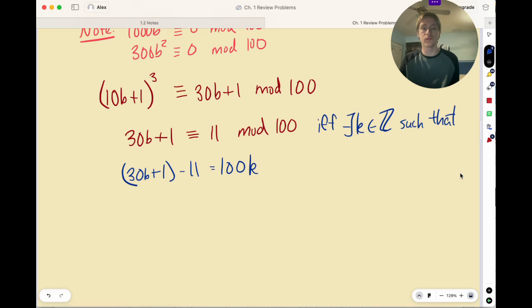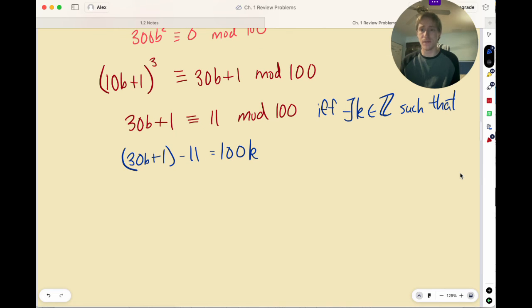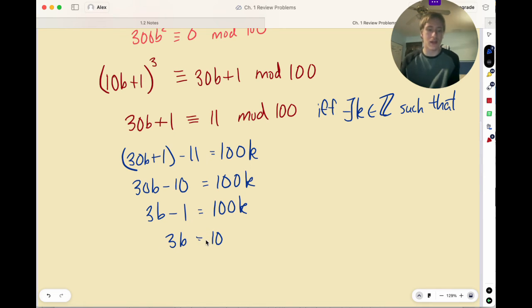Okay? But now we're actually almost done, because this means 30b minus 10 has to equal 100k. And I can divide everything by 10, and then I get 3b minus 1 is equal to 10k. So it means that 3b is going to equal 10k plus 1.